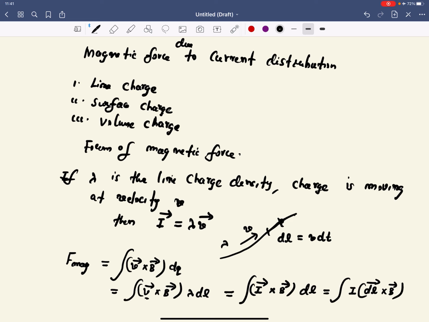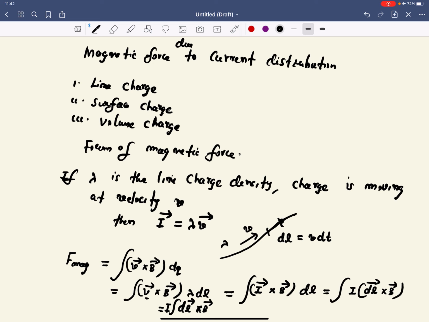Therefore we can write this as I times the integral of dl cross B. So this is the magnetic force due to a line charge.